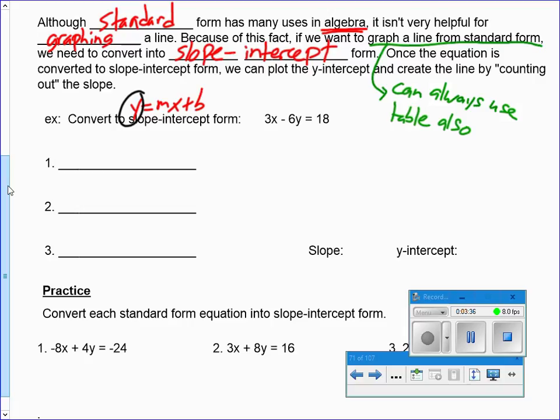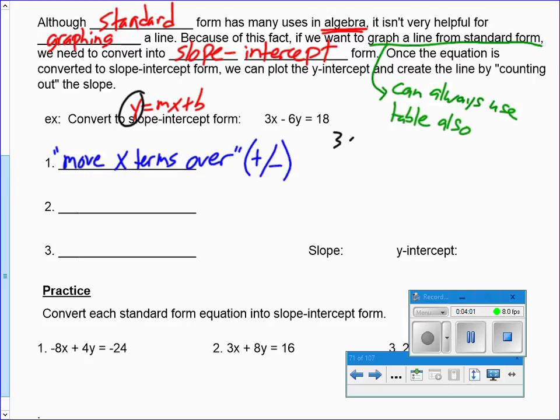First thing we're going to do is move our x terms over. Again, we use phrases like move things over. What we're really doing is adding and subtracting whatever operation is necessary to move it over.